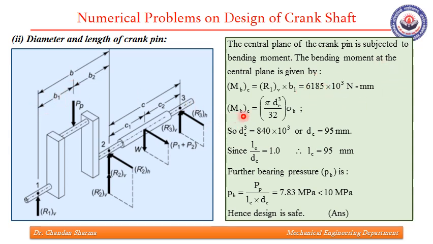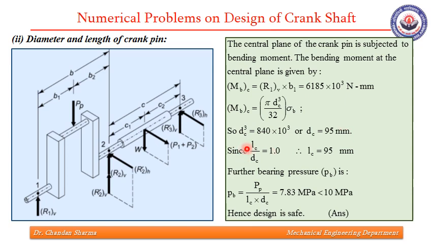Similarly, we have been given bending moment equal to sigma B into pi DC cube upon 32, that is Z into sigma B. So putting the values of sigma B and MBC, we get DC cube as 840 into 10 to the power 3, or DC as 95 mm.